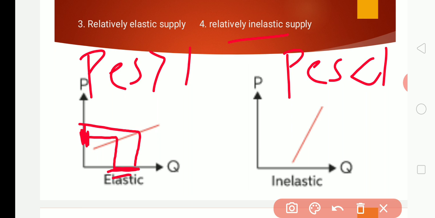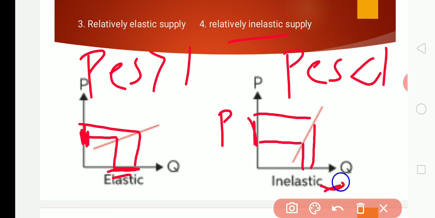See here, the price is increased more. Observe the distance: here it is indicating price, here the quantity supplied. See the greater change in price, but how much has the supply increased? Supply is less. So we call it price elasticity lesser than 1.